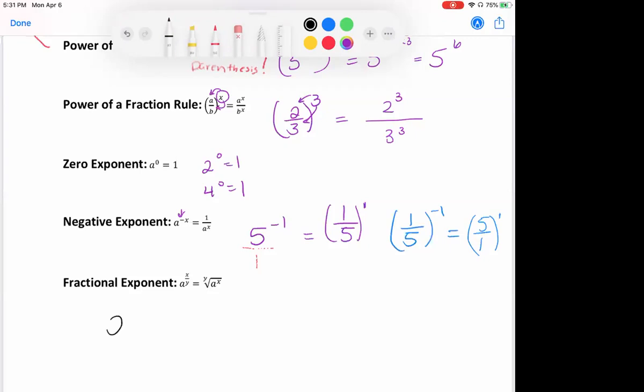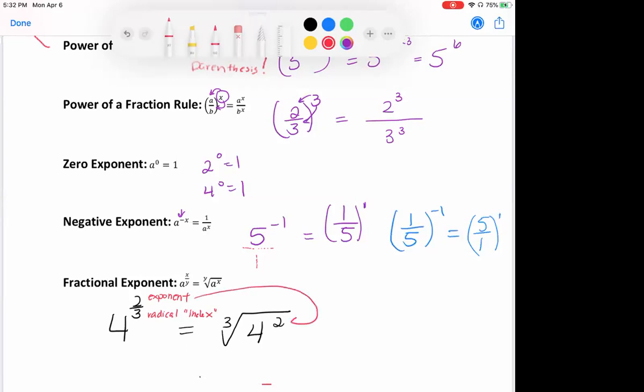So if I have 4 raised to the 2/3 power as a fraction, it's the same thing as writing the cube root of 4 squared, where the number on the top, the numerator, is your exponent, and the number on the bottom is your radical, your index. It's called the index. So you can follow and see where each number went.